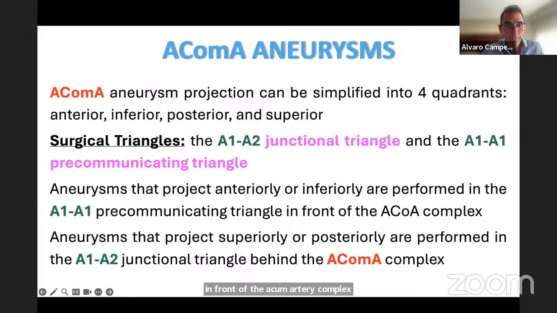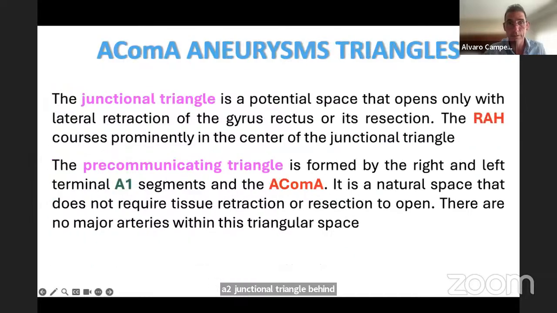And aneurysms that project mainly posteriorly are operated in the A1, A2 junctional triangle, behind the ACom artery complex. The junctional triangle is a potential space that is very important during the surgery and opens only with lateral retraction of the gyrus rectus or its partial resection.